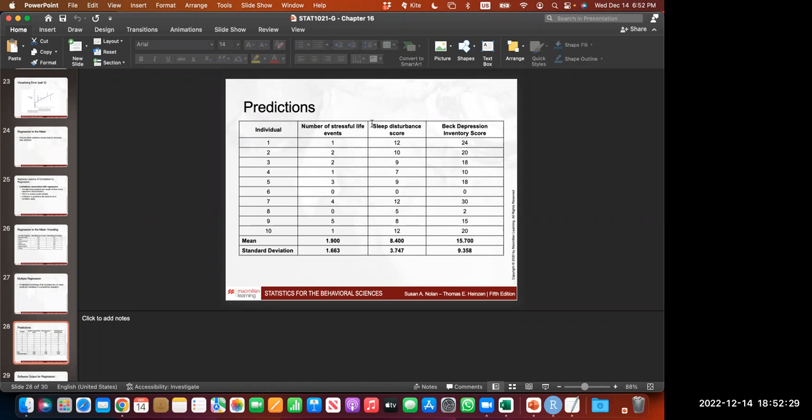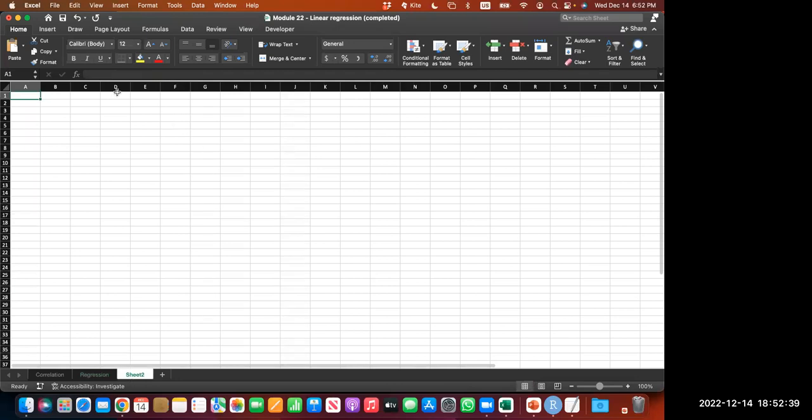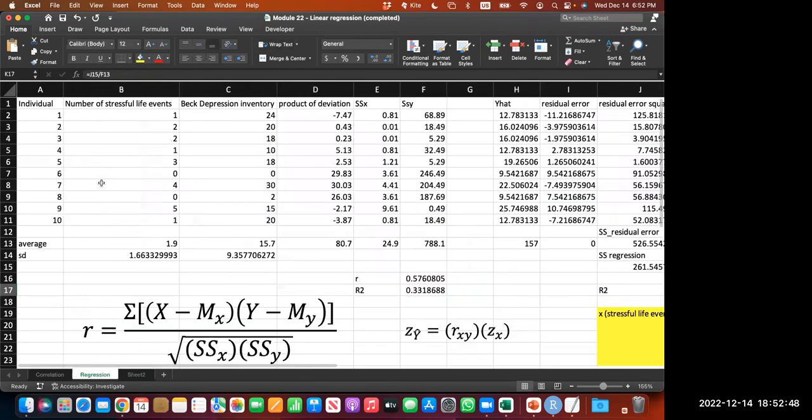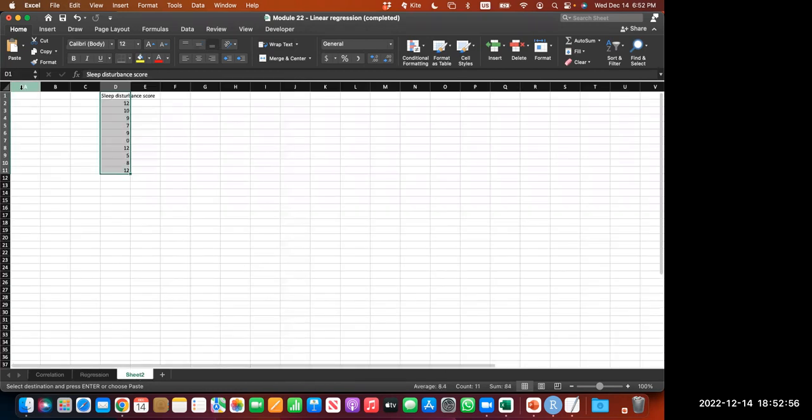And Norton and Heinzen provide here the data of sleep disturbance scores. So if we just copy this over in our Excel spreadsheet, we can now take here our individual participant ID, the number of stressful life events, and the Beck Depression Inventory score.